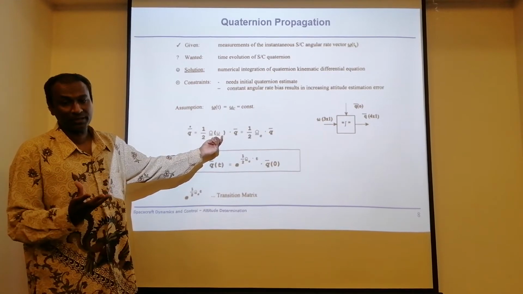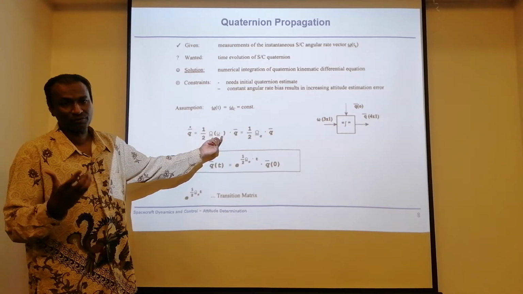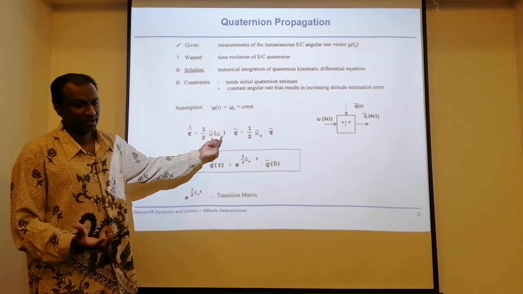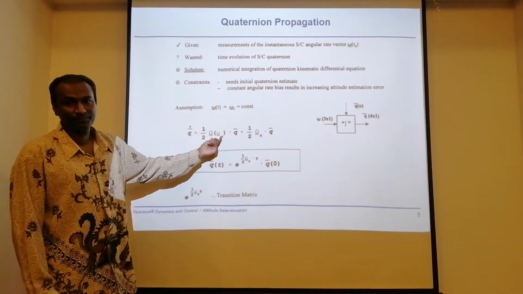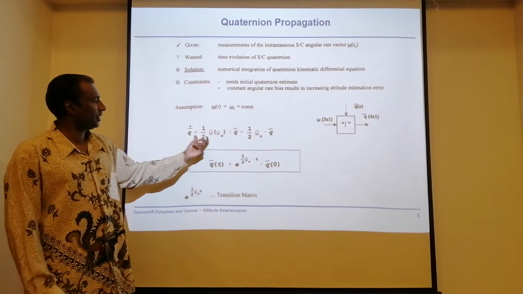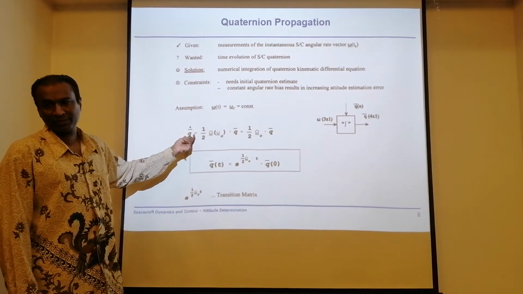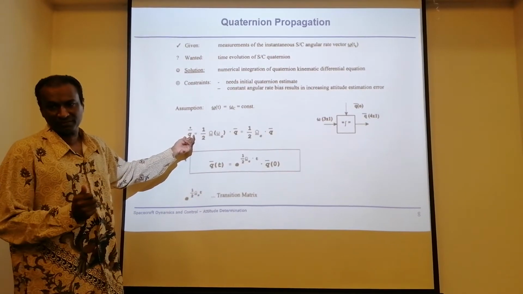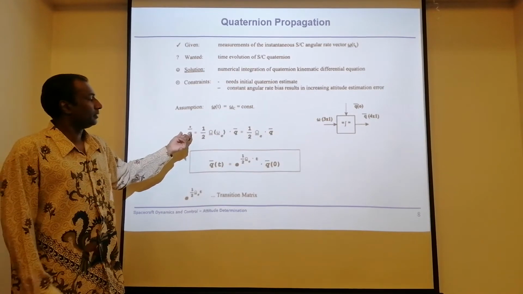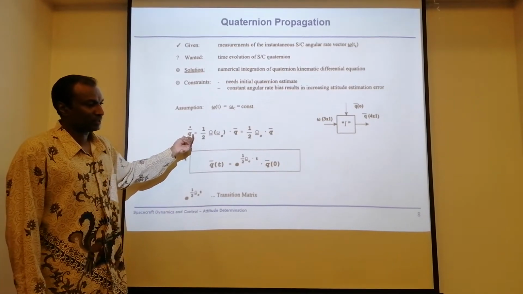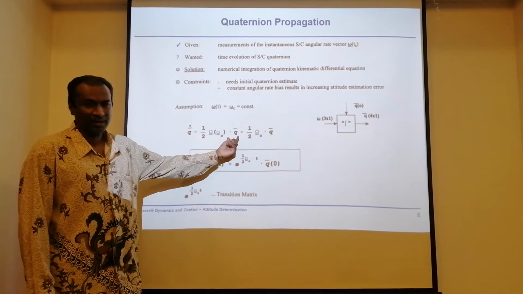That means the body, you sense, let's say you have a gyro, you take that input, plug it in here, just like in kinematics, you get a new quaternion. That means that deviation. Then you have a new quaternion, update back.